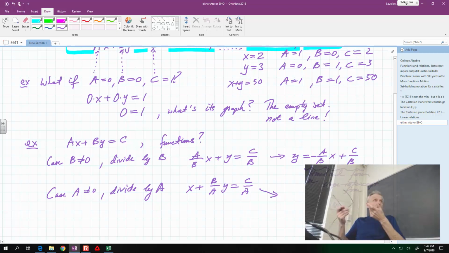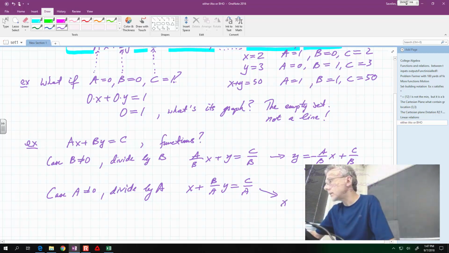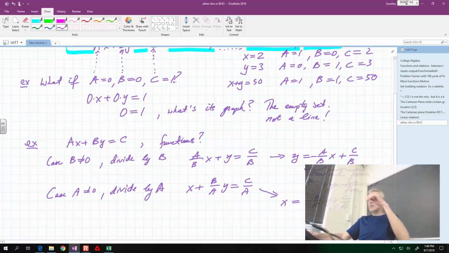I can solve for x. So x is equal to negative B over A y plus C over A. The same form, except once again x is the dependent variable instead of y.